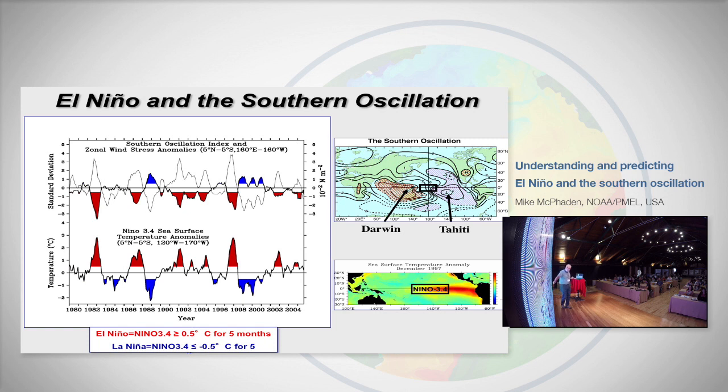So the red peaks, these are El Niños, the blue troughs, La Niñas, and you can see by eye the very high correlation with the Southern Oscillation Index. Again, the correlation between this and these two time series is above 0.9. So this is an illustration of how tightly coupled the system is in the tropical Pacific.